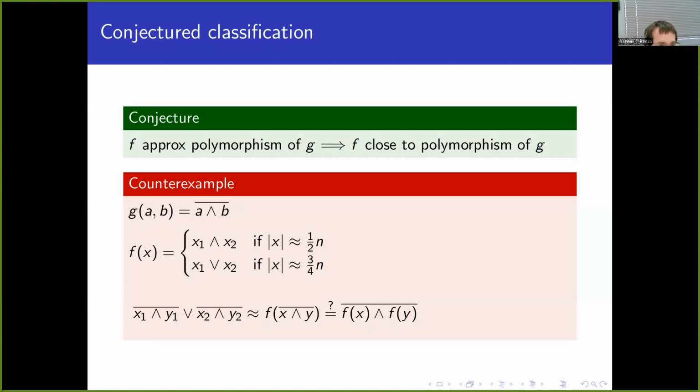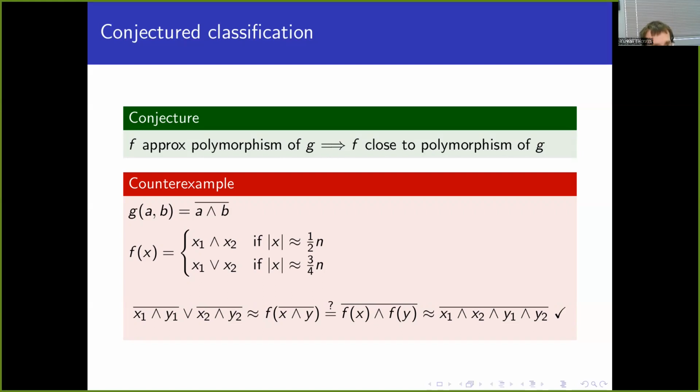And this is what we are going to get. On the right-hand side, in contrast, f of x and f of y are going to behave like the AND function because the inputs are random and so balanced. So in this case, this is what we get. And now you can see that the left-hand side and the right-hand side are equal due to De Morgan's law.